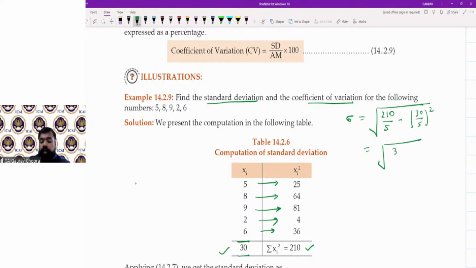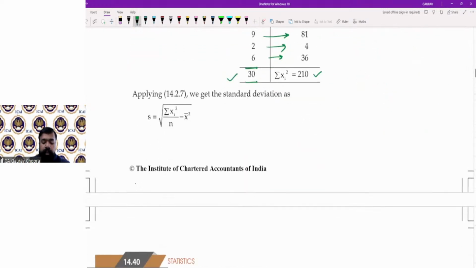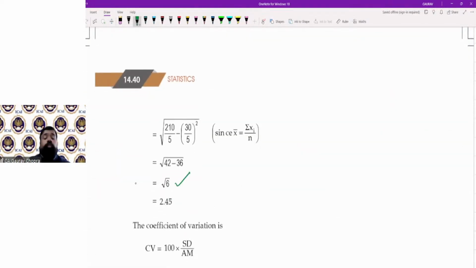So you can write 30 by 5, or it will be root of 6. So this is the value of standard deviation, that is root of 6. And when you calculate in decimal, it will give you the result 2.45.